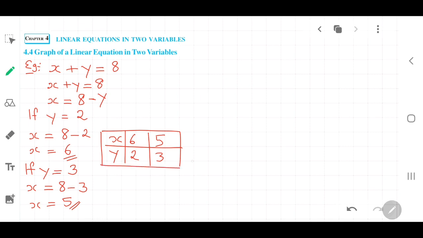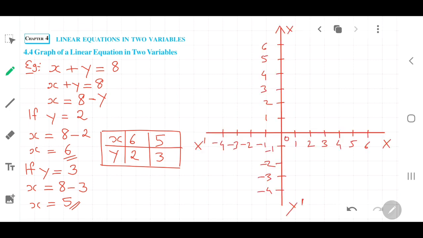So these are the two solutions of x and y. Based on this information, you have to draw the graph. We got different values of x and y. Now these values you have to put on this graph.